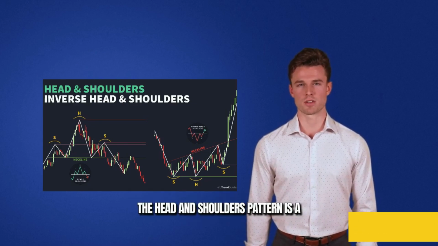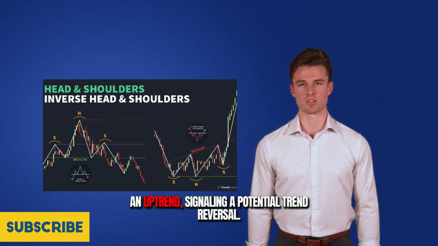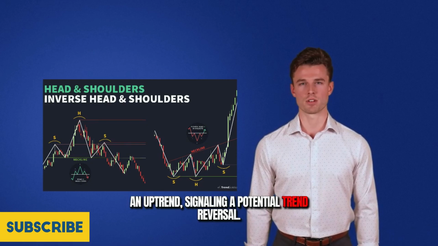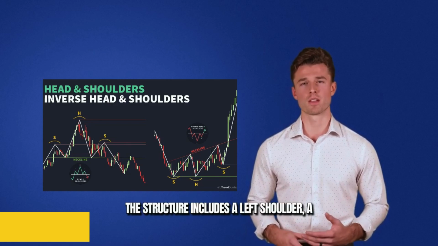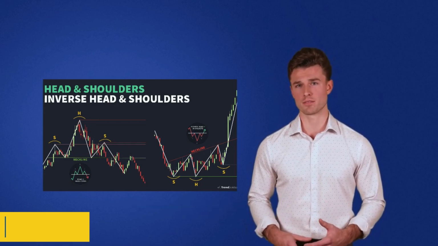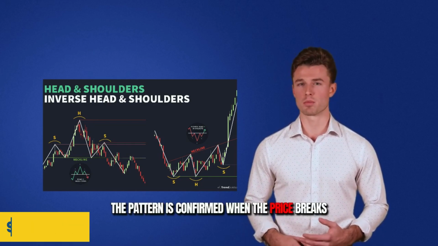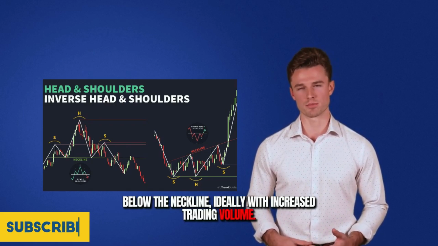The head and shoulders pattern is a bearish reversal formation that typically emerges after an uptrend, signaling a potential trend reversal. The structure includes a left shoulder, a head, a right shoulder, and a neckline. The pattern is confirmed when the price breaks below the neckline, ideally with increased trading volume.